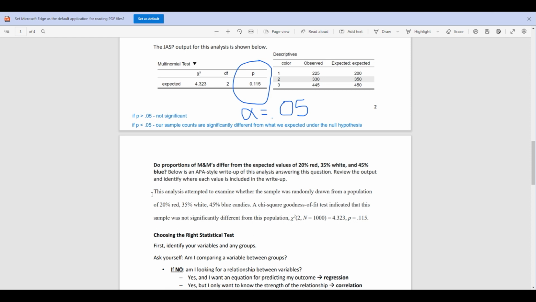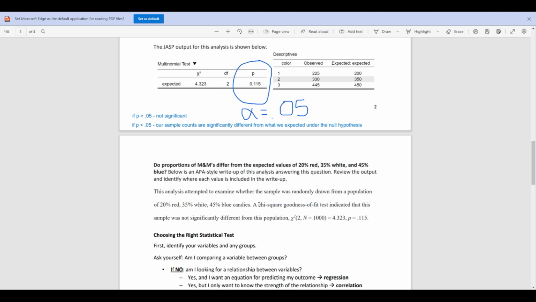This analysis attempted to examine whether this sample was randomly drawn from a population of 20% red, 35% white, and 45% blue candies. A chi-square goodness of fit test, and in the guided notes, we indicate there are 2 different chi-squared tests that we talk about, chi-squared goodness of fit and chi-squared test of independence.